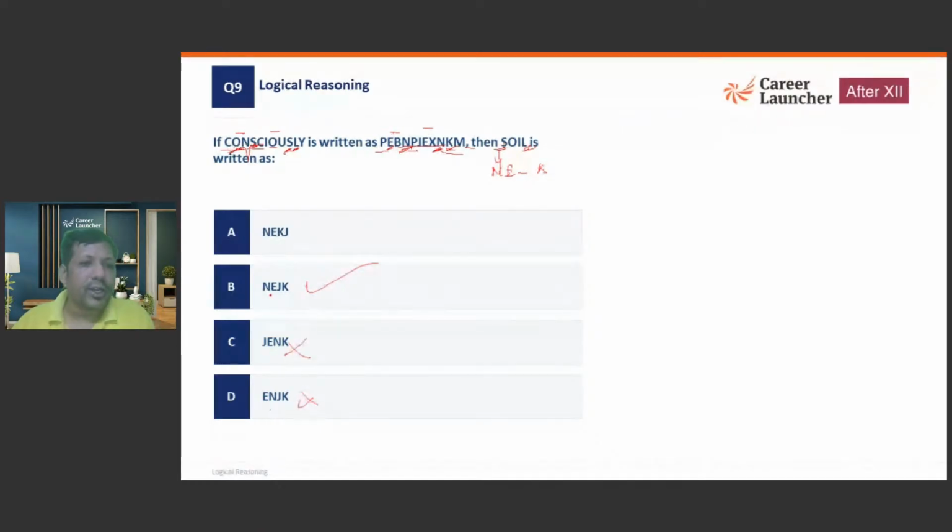Then I am going to get only one possible answer, and that answer comes out to be option B. Understood?